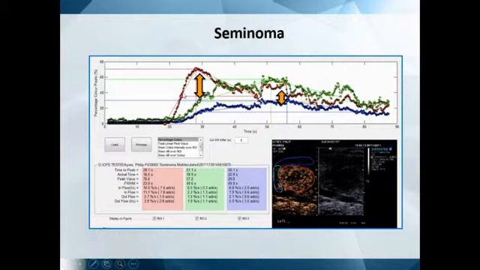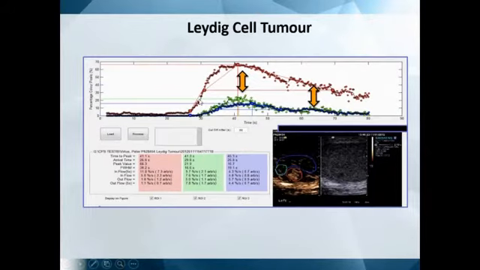In the seminoma, you can see the wash-in comes in and then disappears very quickly to equal that of the regions of interest. Whereas in the Leydig cell tumor, that wash-in stays higher and remains higher through the period of time, and this is 90 seconds in our studies, to show that yes, there may be a pattern of difference between the seminoma or the primary germ cell tumor and the Leydig cell tumor.